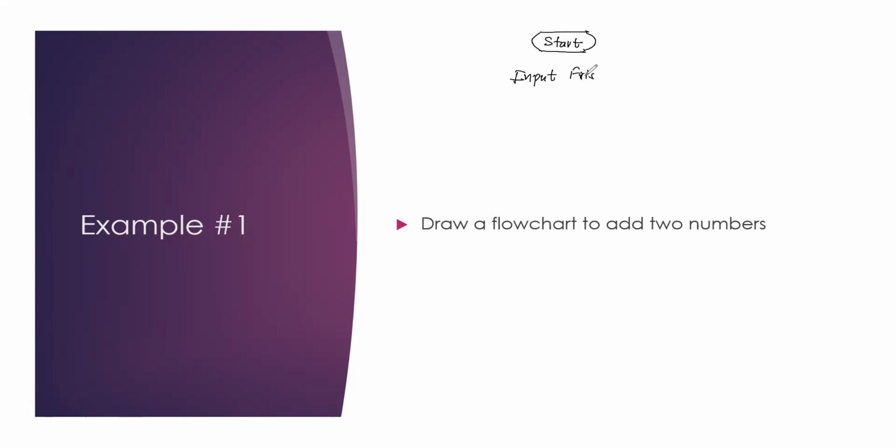First number. And this is input. So we have to use the correct symbol. And then we can connect using a line, a flow line. That's the first number.